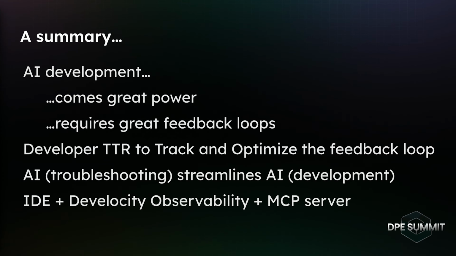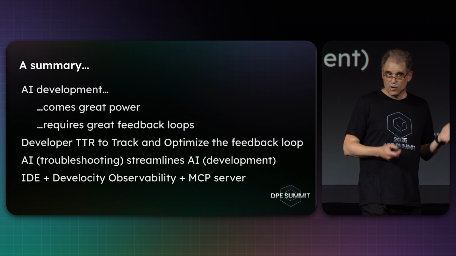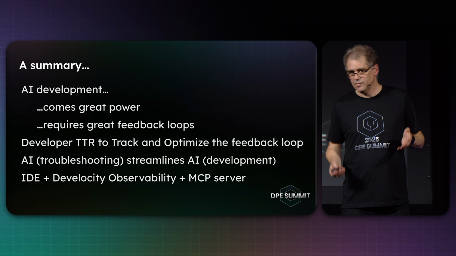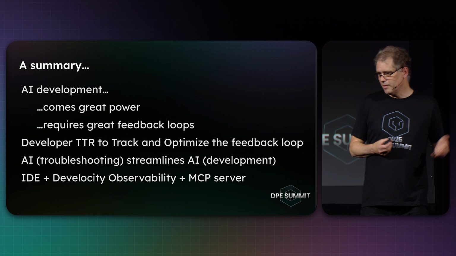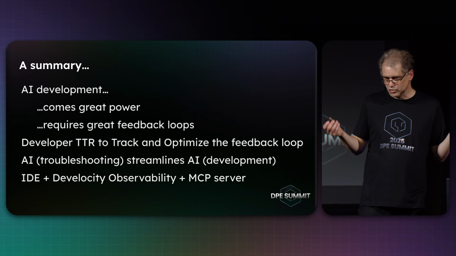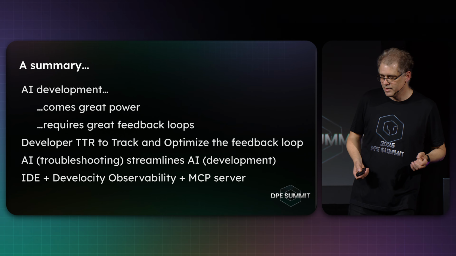So as a summary, AI development creates great power, like for a rocket, but it also requires a great feedback loop. So developer TTR is able to track and optimize the feedback loop. If you track it, you should optimize for it.